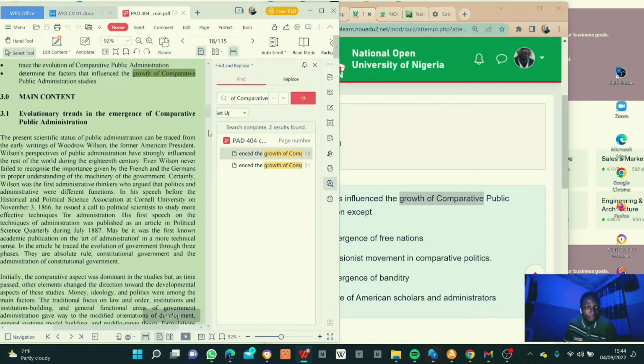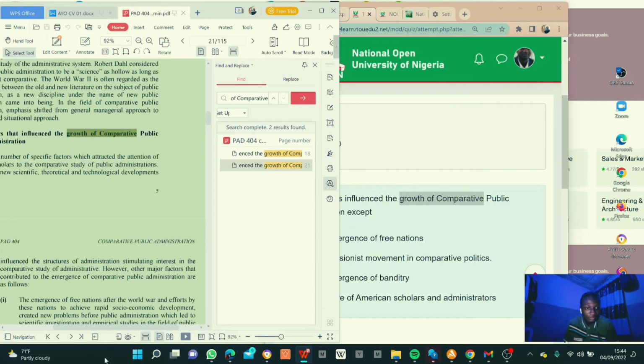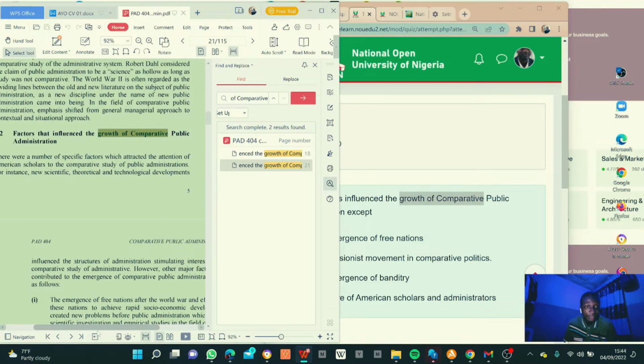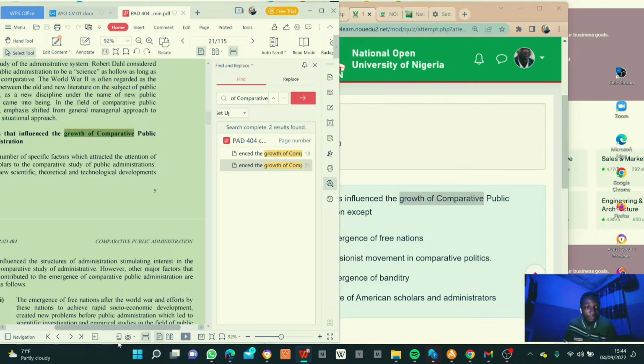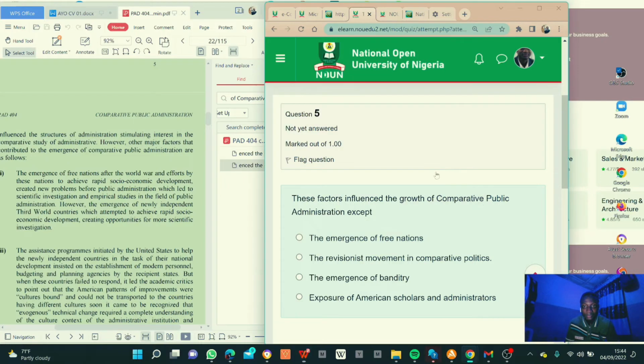Okay, good. This is what we're looking for. Factors that influence the growth of comparative public administration. Okay, very good. So we have 1, emergence of free nations. Do we have that here? Let's see. Oh yes, we have this: emergence of free nations, factors that influence.